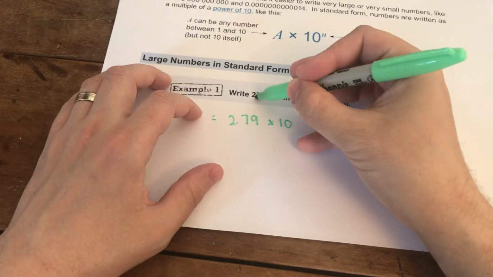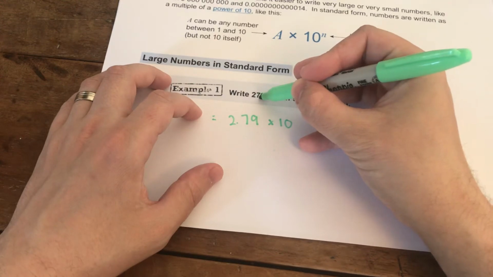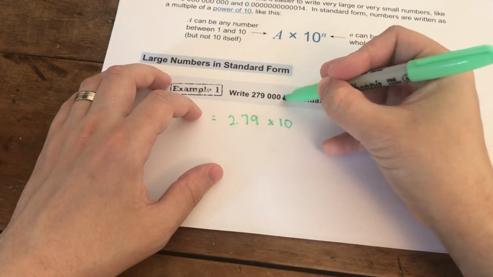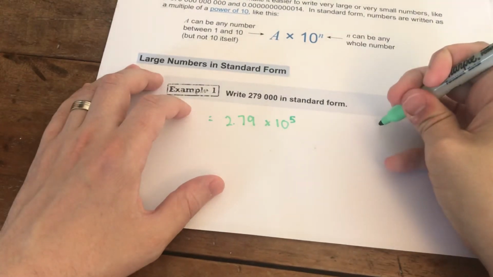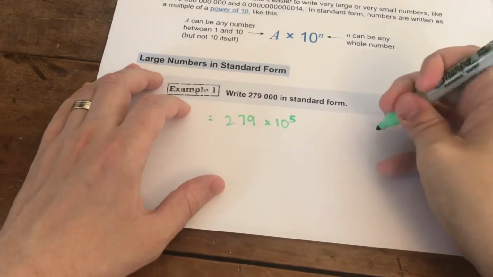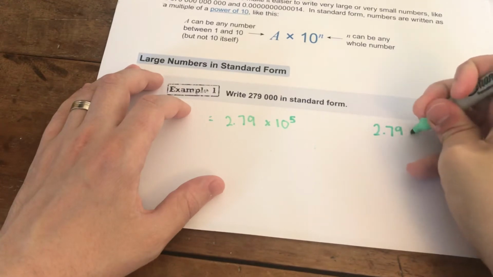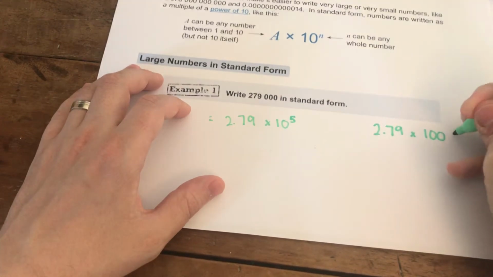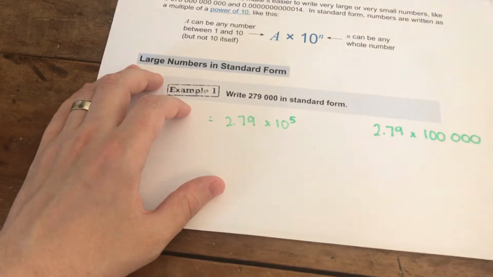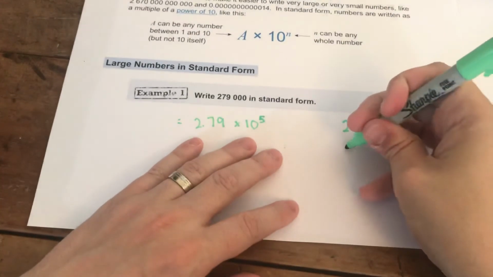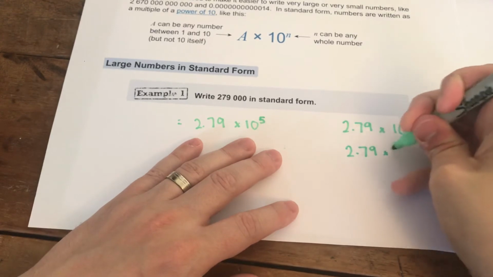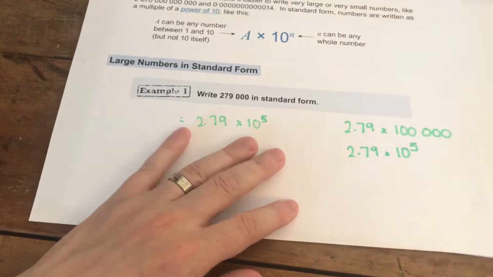It's been times by 10 5 times. The other way is to imagine that it is 2.79 times 100,000, which we can rewrite as times 10 to the power of 5.